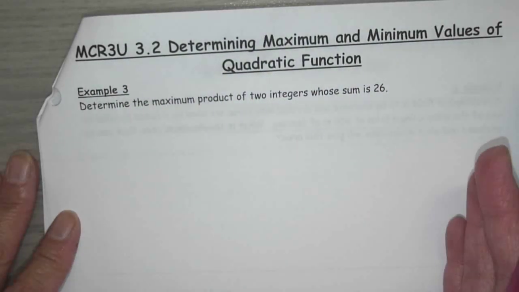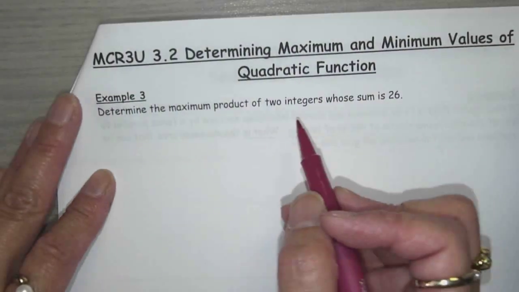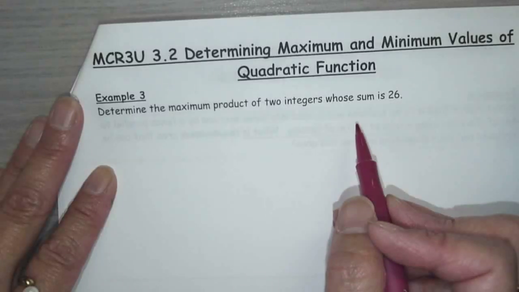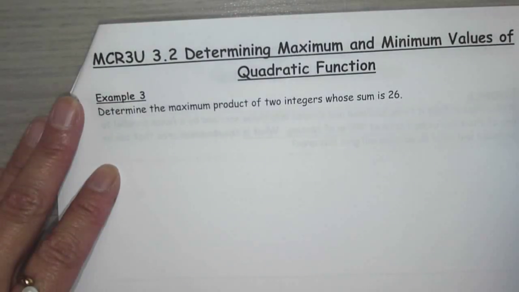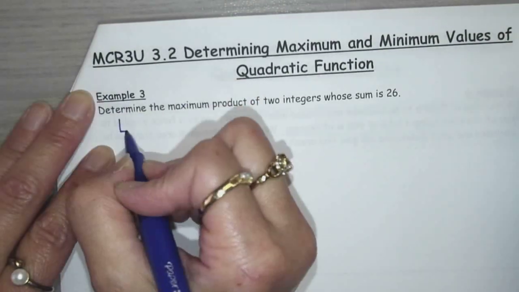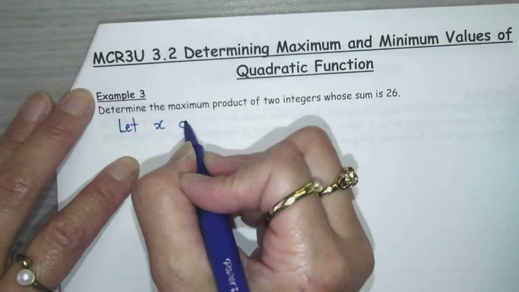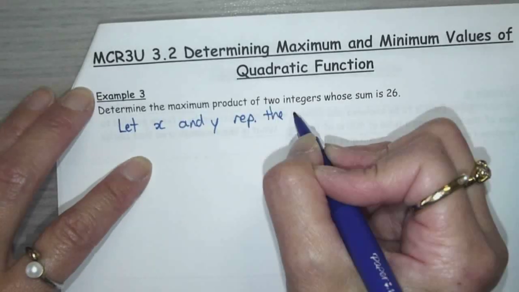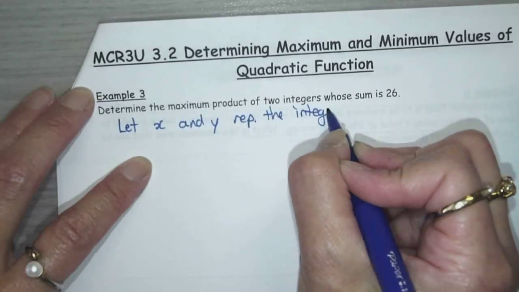So a y and an x side, and we're going to find the vertex. So the first thing I want to do is set these up. I have two integers whose sum is 26, and I want to maximize the product. So let's start with this: let x and y represent the integers.